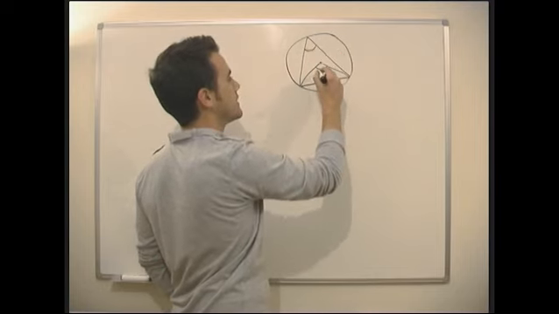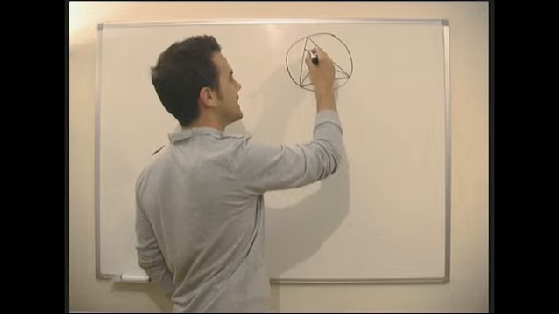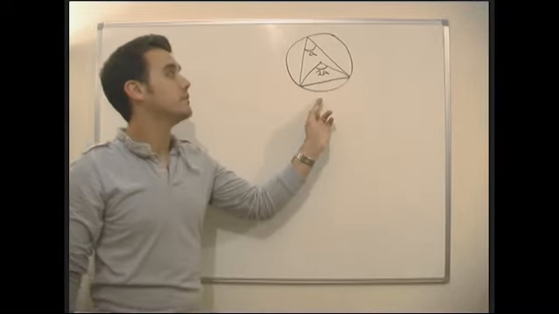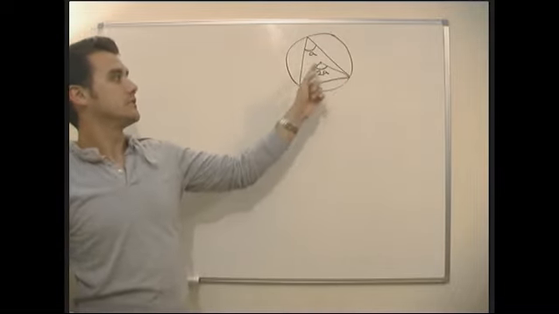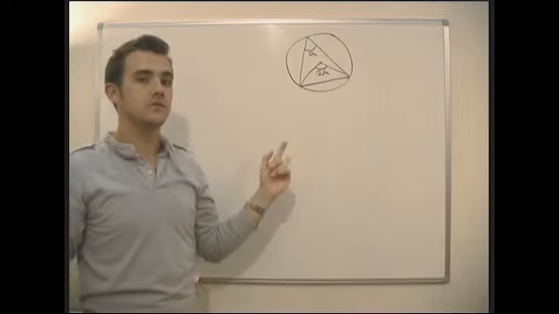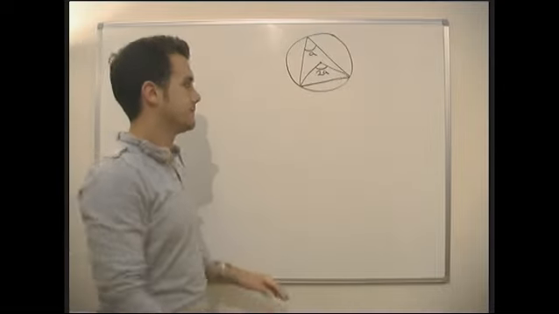Okay, so this angle is 2A, this angle is A. So whenever we have a segment, the angle to the centre is always twice the angle to the edge.